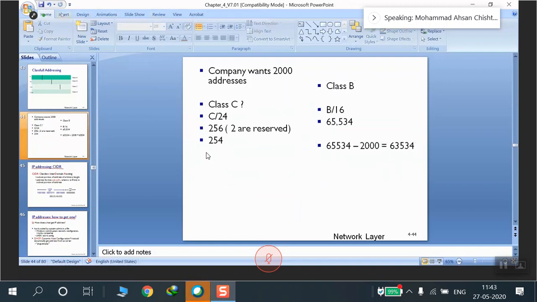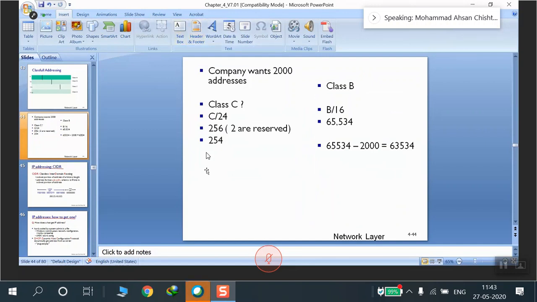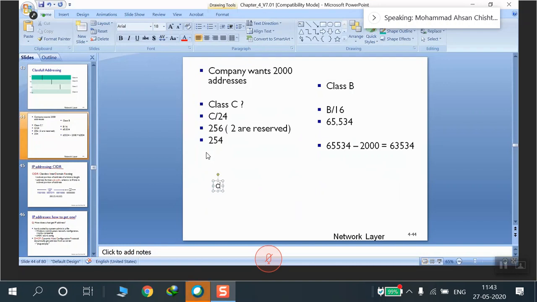Now let's have classless addressing, or CIDR. In this case, we would have a.b.c.d/x. So how much should this x be here? That's the question. x should denote our leading bits.